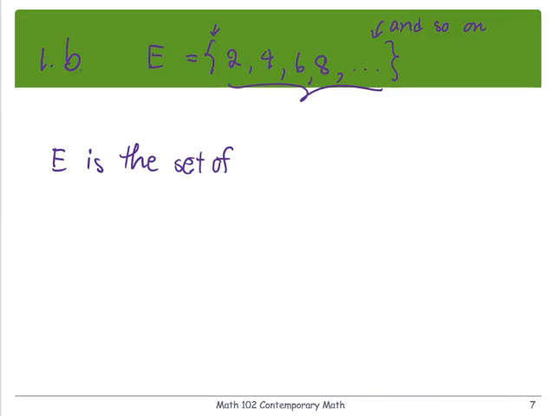But one more thing that we can see, we do not have 0, we do not have -2, -4, -8, or anything that's non-positive. So we have to make it a clearer description by adding the term positive here. So E is the set of positive even numbers.